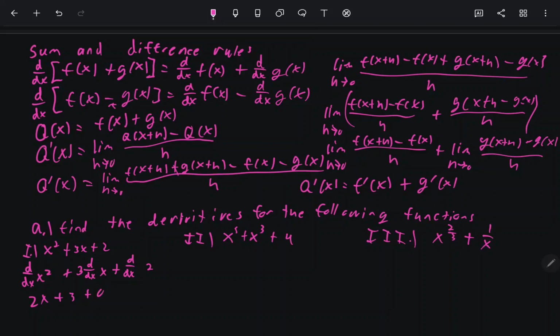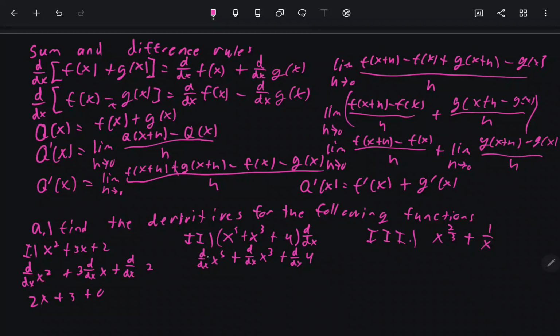The next one, we have x to the 5th plus x to the 3rd plus 4. Alright, once again, we break this down. We say that we're taking d over dx, and this d over dx actually does distribute, which I find interesting. So we get d over dx of x to the fifth plus d over dx of x cubed plus d over dx of 4.